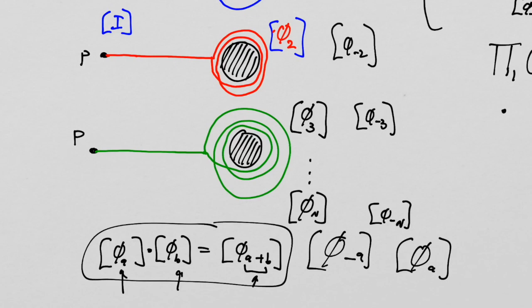And in fact, this group, pi 1 of this particular configuration, the set of points in a plane with a single annulus, it doesn't matter how big the annulus is, it can be as small as a single point. But as long as that's the set, then the fundamental group is isomorphic to the group of integers under addition, right? And that's what we say.